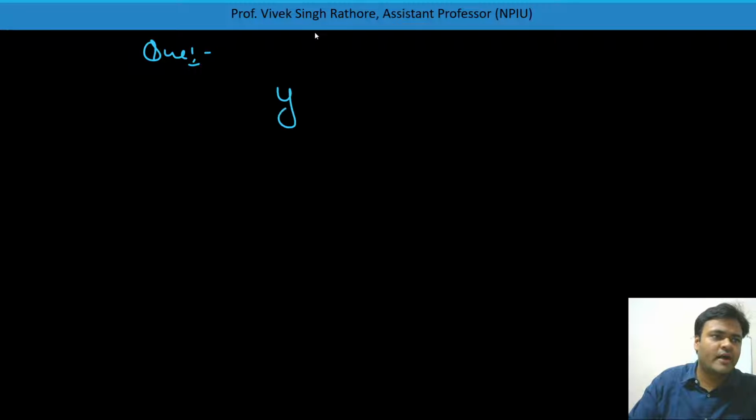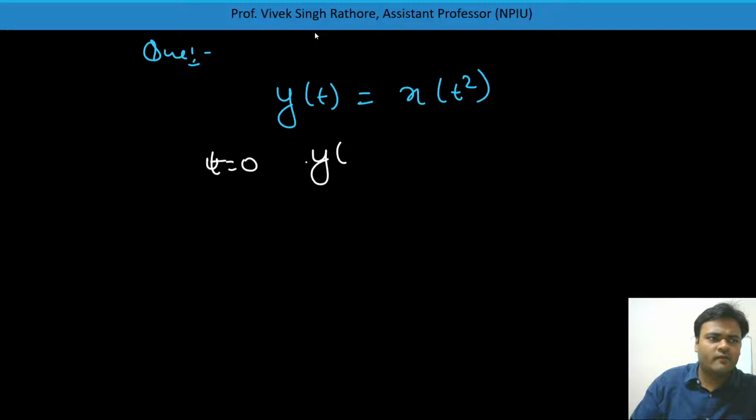y(t) is equal to x of t square. Now we have to see this question, x of t square. Let's suppose at t is equal to 0, y of 0 will be x of 0. This is heading towards causal, no problem. For a negative value, we'll take t is equal to minus 2.